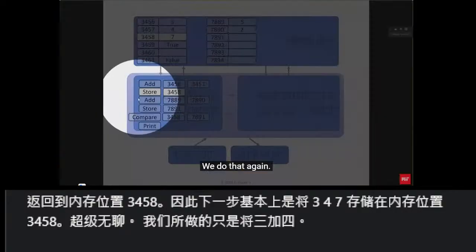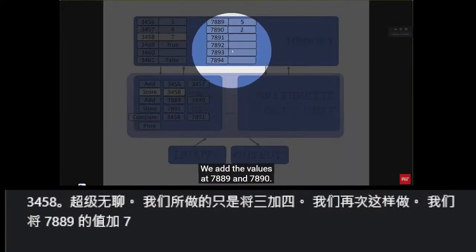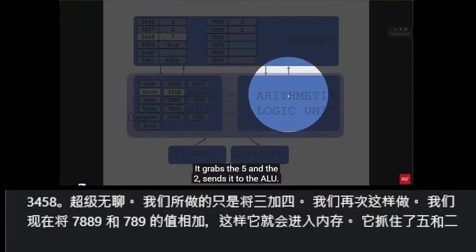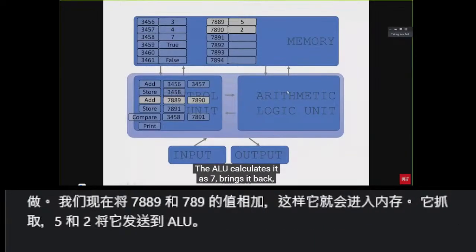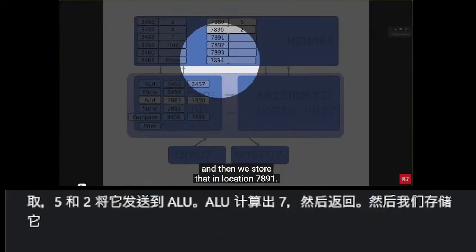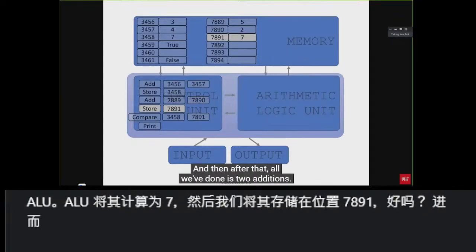We do that again. We add the values at 7889 and 7890. So it goes into the memory, grabs the 5 and the 2, sends them to the ALU. The ALU calculates 7, brings it back, and then we store that in location 7891. Okay? After that, all we've done is two additions.